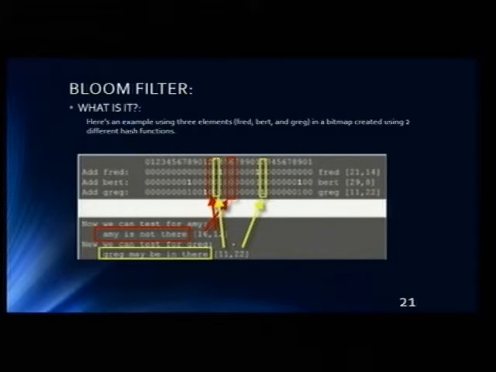We test to see if there's a 1 in 11 or the 22nd row, and we can see on the second one that there is a 1, indicating that he may be in that group. That's a really clear way to indicate how it works. It's pretty simple in its implementation, but kind of hard to describe.